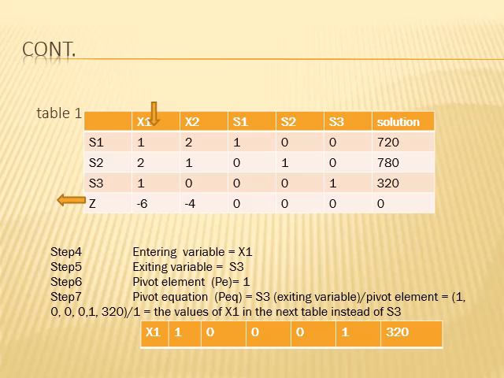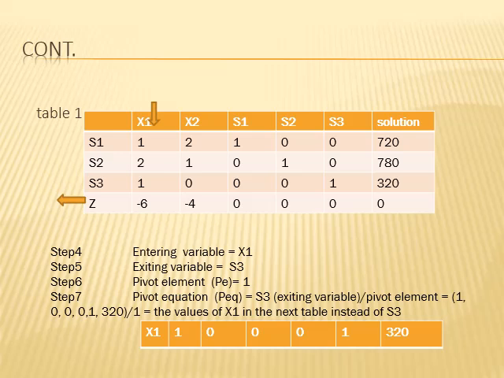Now, as we mentioned before, by division of the column of solution by the column of x1, except negative and zero values, the exiting variable is S3.